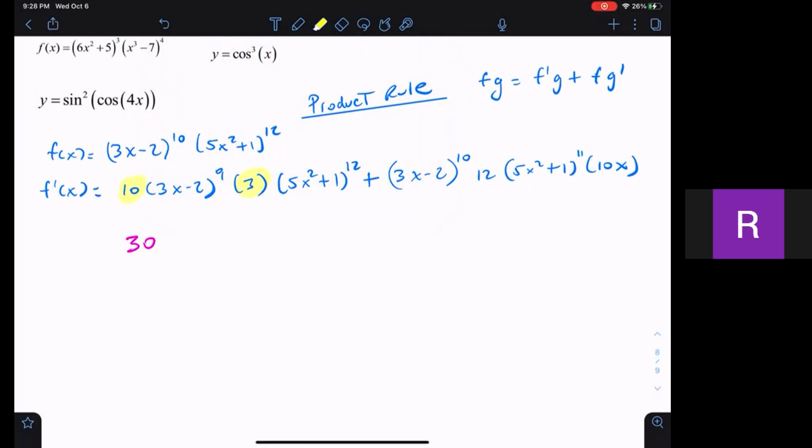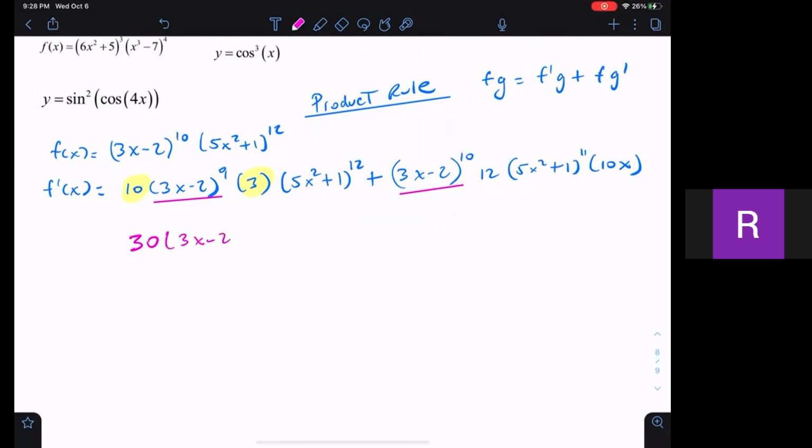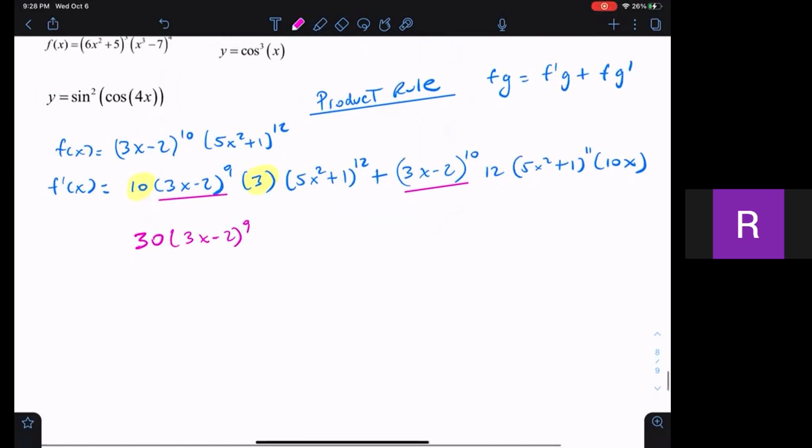And then, well, this term, you have here (3x minus 2), right? So you put the least power. So in this case, it would be 9. Then you have this guy, (5x squared plus 1) to the 11 power, and this thing is the same. So you put the one with the least power. In this case, that's the GCF, right? This thing, and let's see what else. That's it, right? That's it.